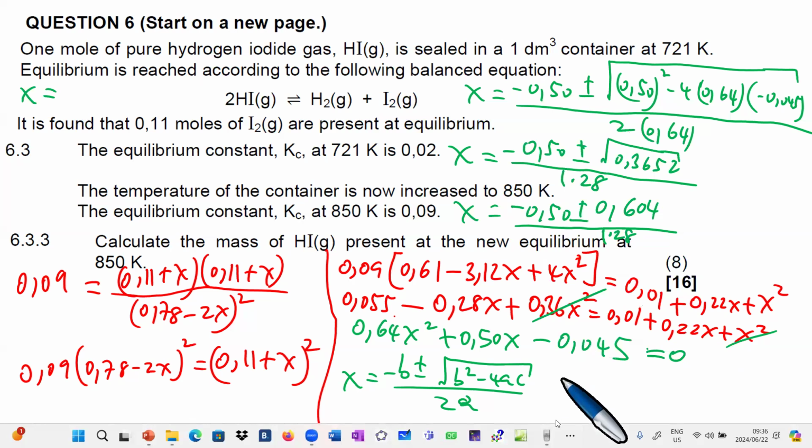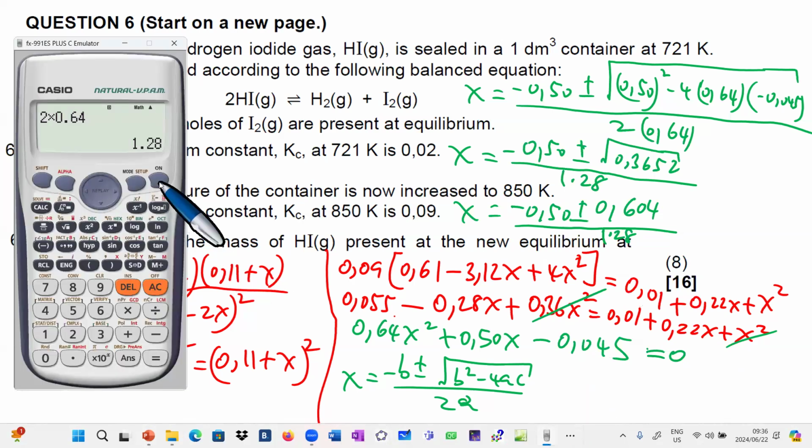We're going to have the minus 0.50 plus 0.6, over 1.28. We're taking only the plus because the other one is going to be negative concentration. We don't want it.